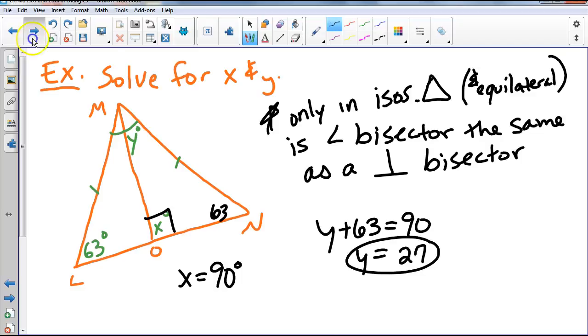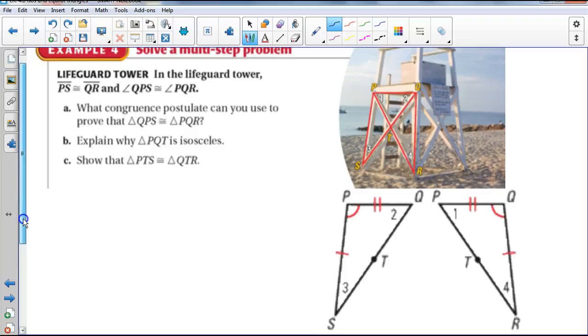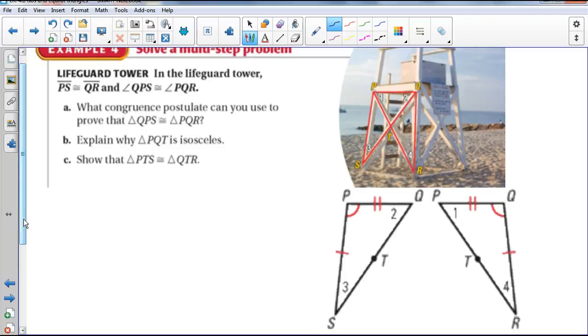And then finally, we have this nice lifeguard stand, their tower. And you're given that PS is congruent to QR and angle QPS is congruent to angle PQR. What congruence postulate can you use to prove that the triangles QPS and PQR are congruent?